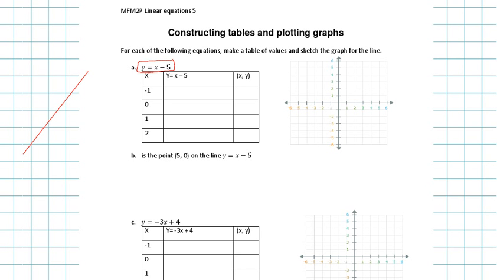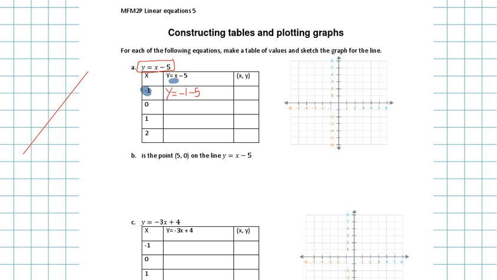So the first one, x equals -1. What I have to do here is replace that x value where x is, because my equation is y equals x minus 5. So if the first value of x is -1, I have -1 minus 5. Do you see what happened?